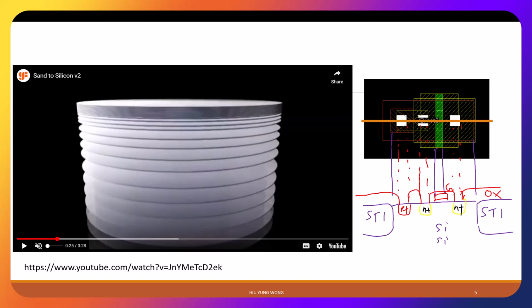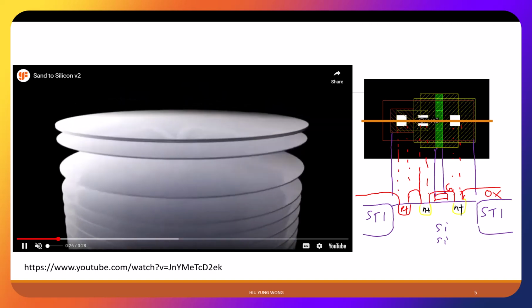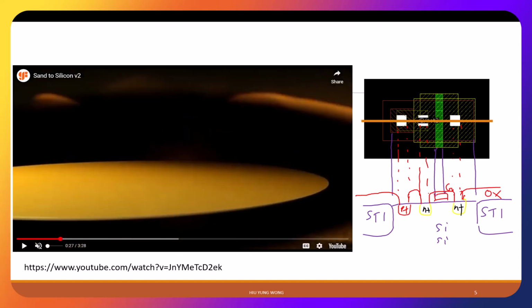So they cut the wafer, and then they take one wafer and start the processing. That's what I meant by pizza.